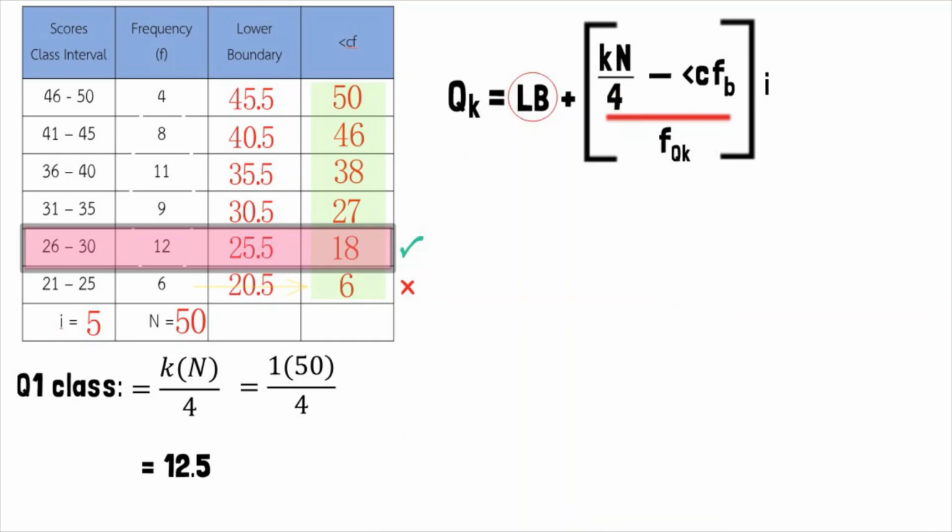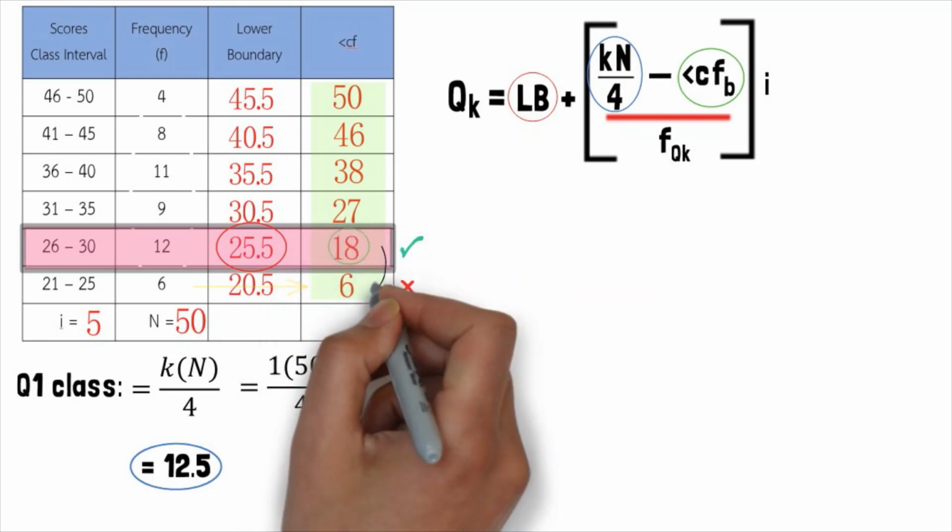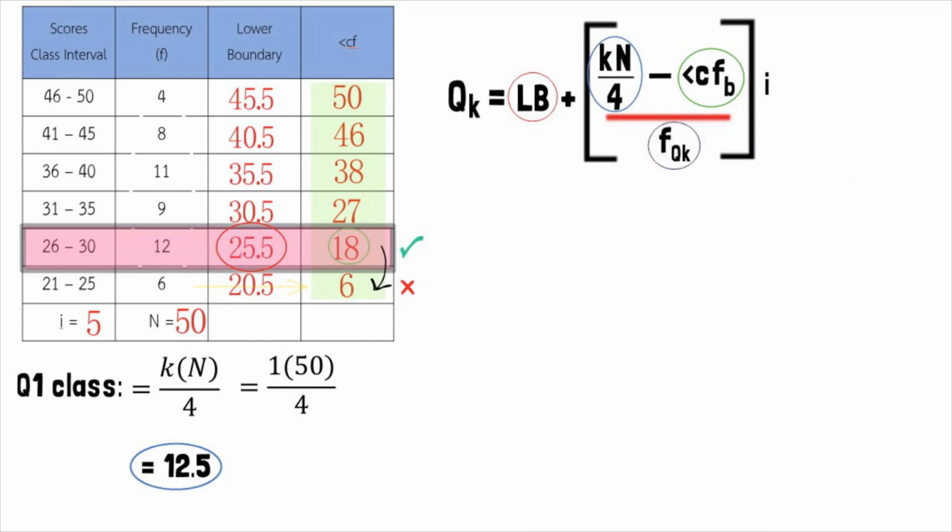Our lower boundary is equal to 25.5. Our k times n divided by 4 is equal to 12.5. Ang less than cumulative frequency naman natin before the second class is equal to 6. Yung frequency ng ating second class which is equal to 12, at ang ating interval which is equal to 5.